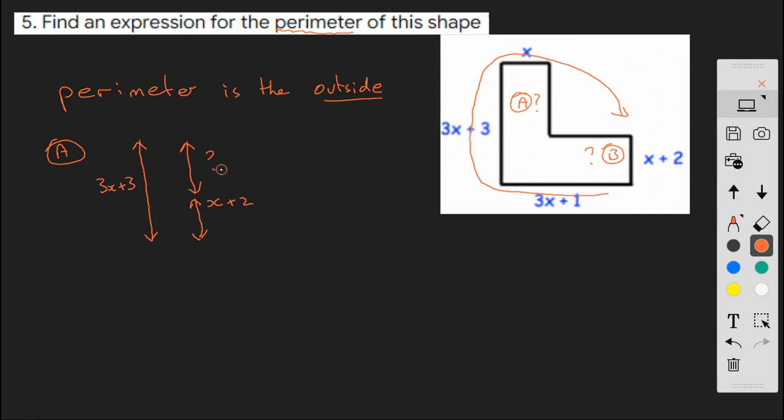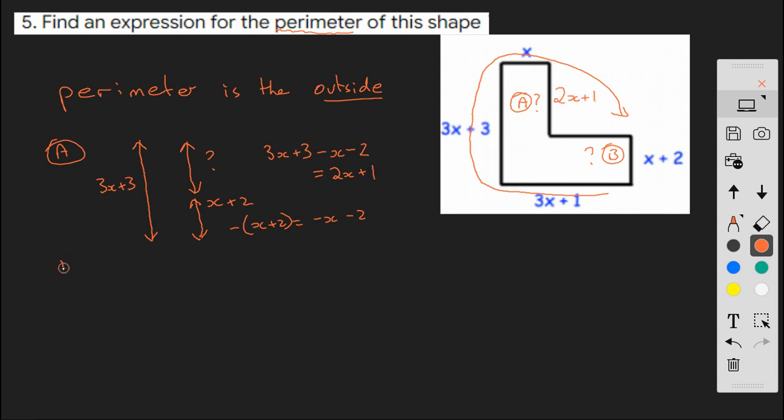But what I can see is that these two together make this one. So let's have a look. 3x plus 3, take away x, take away 2, because subtracting x plus 2 is the same as subtracting x, subtract 2. Collecting like terms together, 2x plus 1.